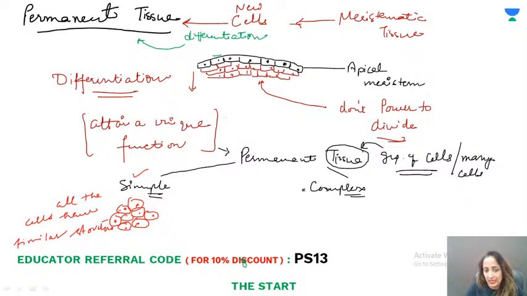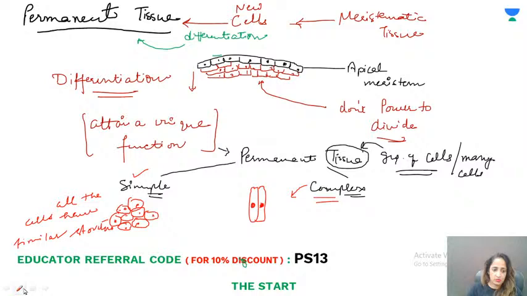In complex permanent, of course, this is also a type of tissue, which means it will be made up of multiple cells. So some cells are going to be elongated. Some cells are with the nucleus, of course.